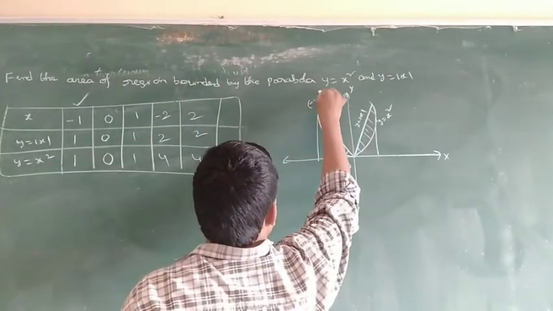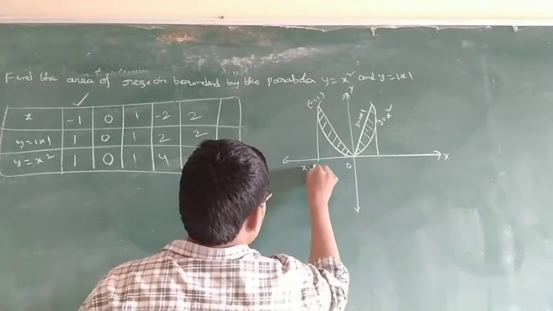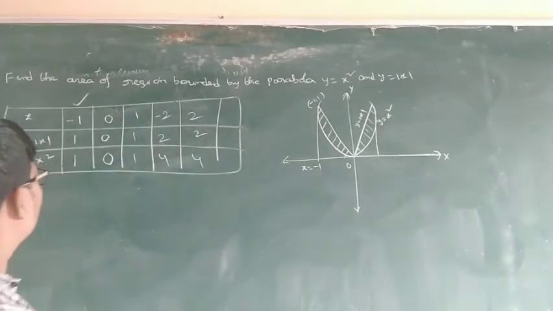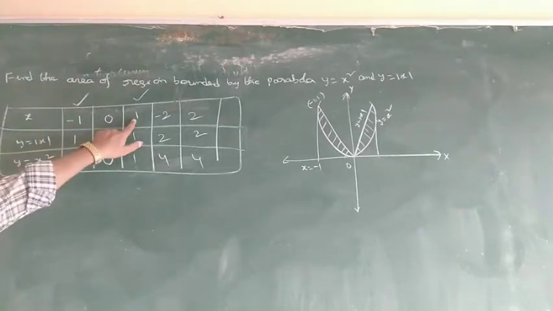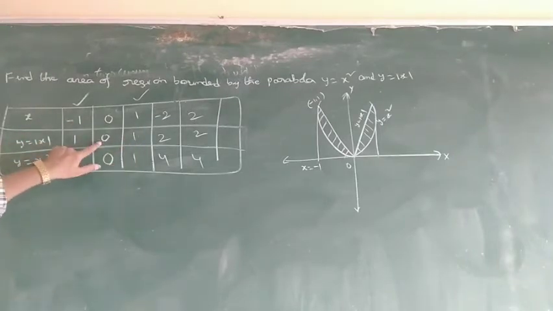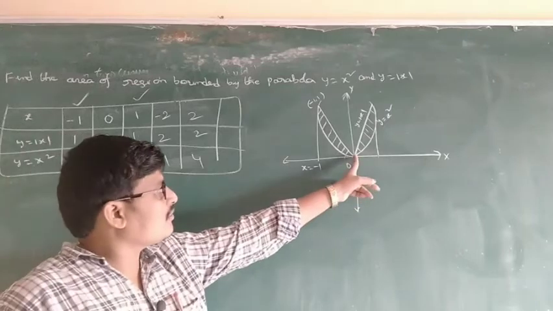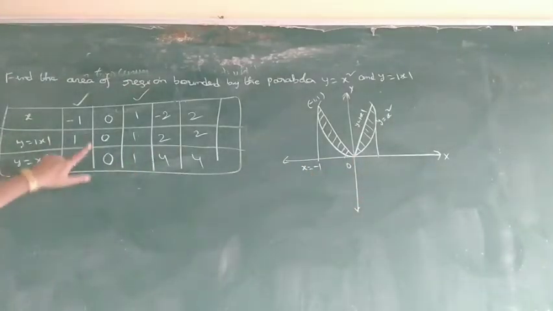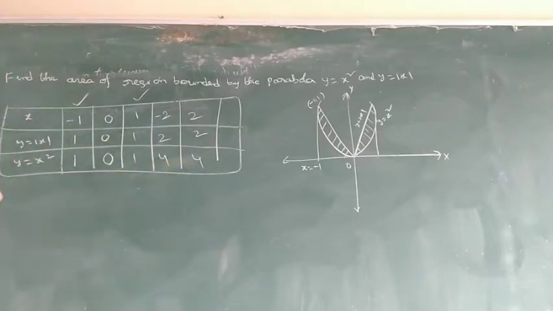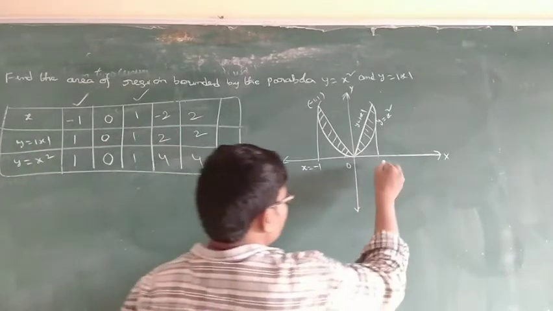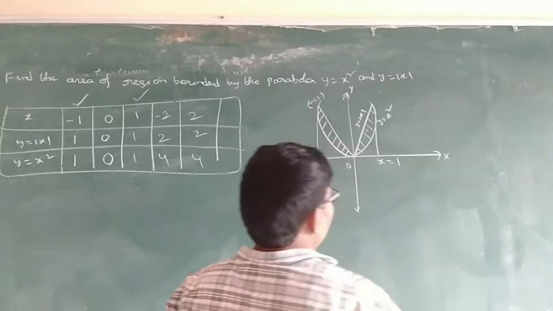This point is minus 1 comma 4. So this is x is equal to minus 1. Next, another one is x is equal to 1. They both are equal there. At 0 it is the same. At minus 2, not the same. So this is x is equal to 1.